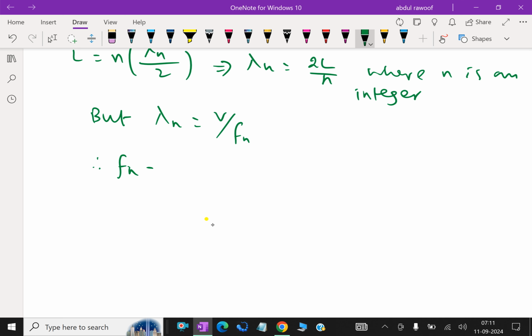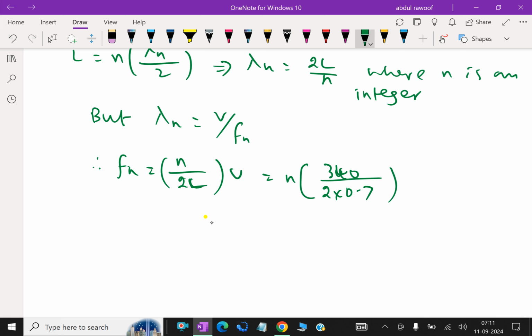Therefore fn equal n over 2L into v, which is n into 340 over 2 into 0.7 meter, which is equal to 243 n.